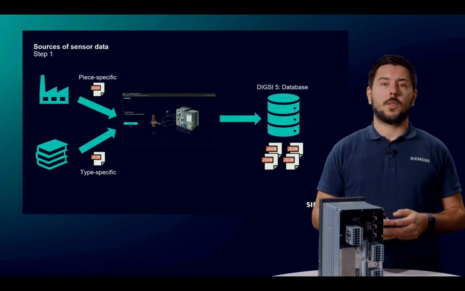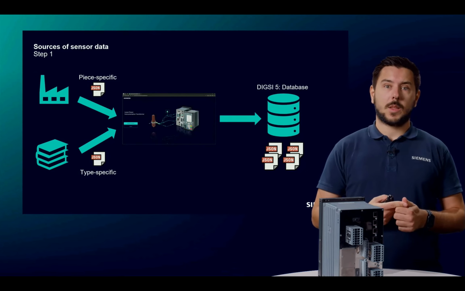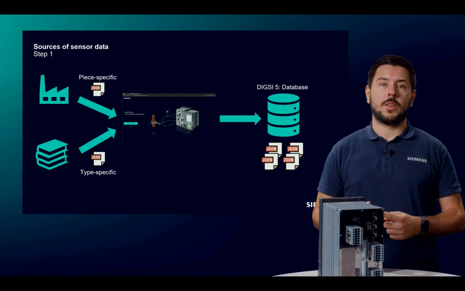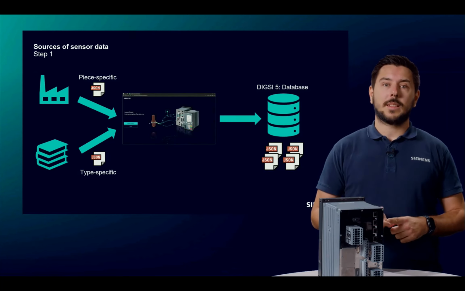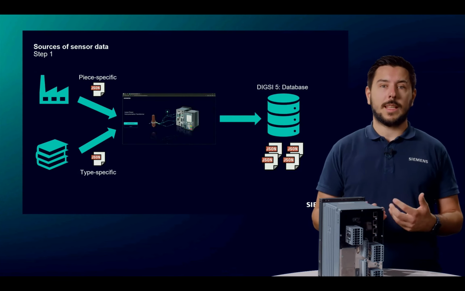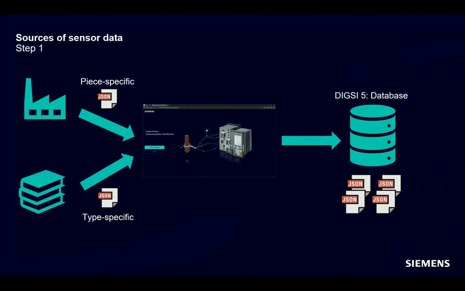The central components of this new workflow are our online sensor database, as well as the copy of it in your current DIXI installation. The database in the installation can be updated at any time with current sensor data. No permanent internet connection is required for this.